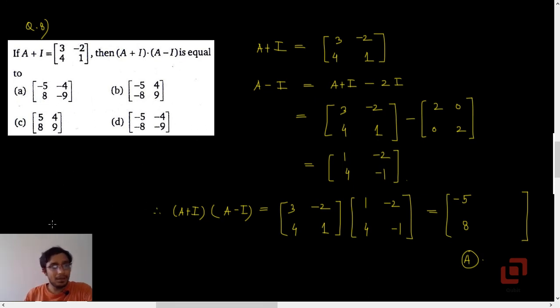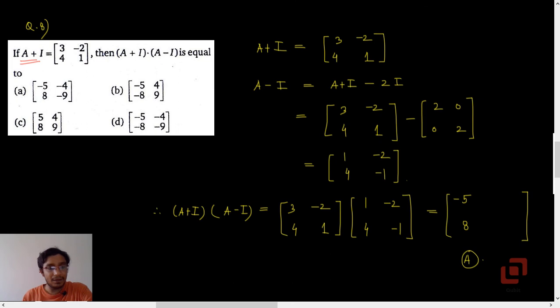Now, in question 8, A plus I is given. You have to assume that I is the identity matrix of appropriate order. A plus I is 3 minus 2, 4 1. Then A plus I into A minus I is equal to one of the options.